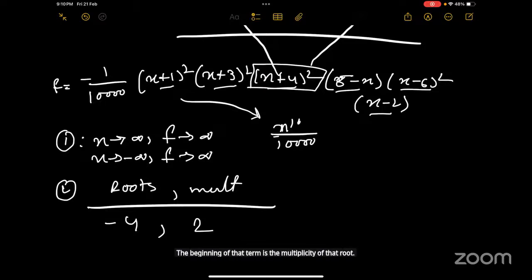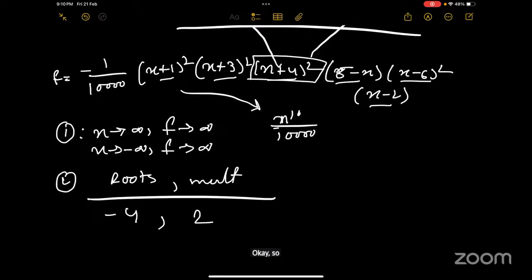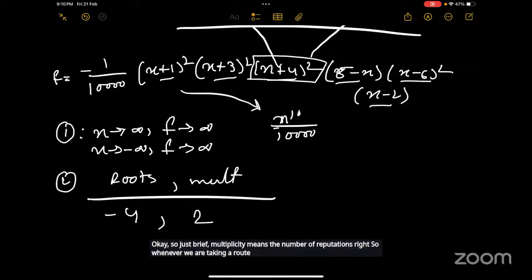Okay. So just briefly, multiplicity means the number of repetitions, right? Whenever we are taking a root, we will consider that factor and consider the exponent of that factor. The exponent is the multiplicity of that root.